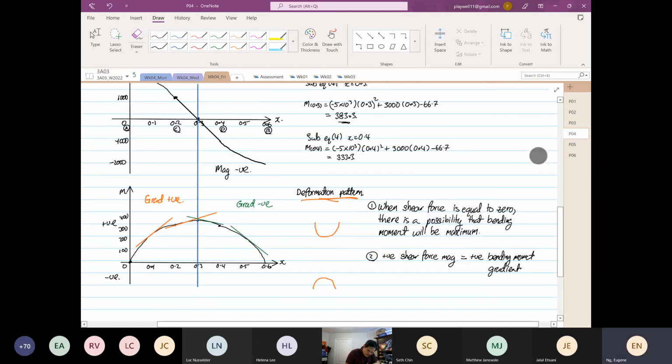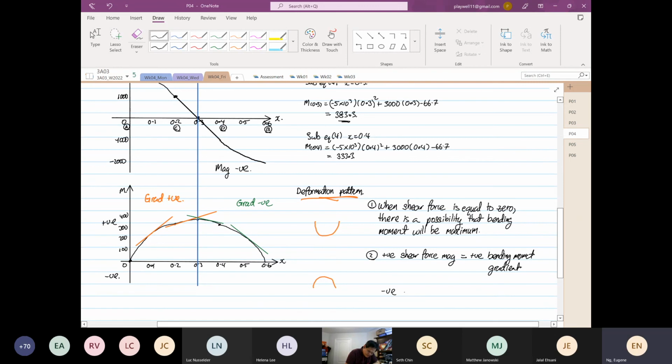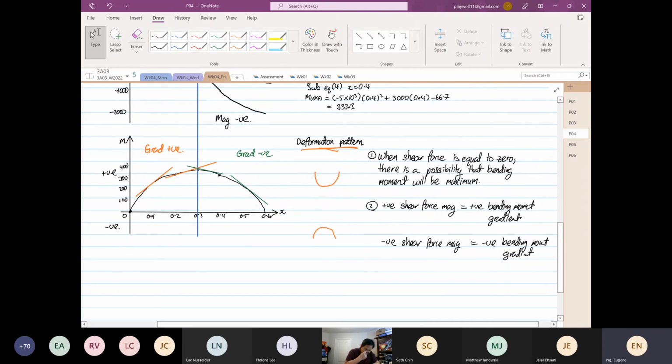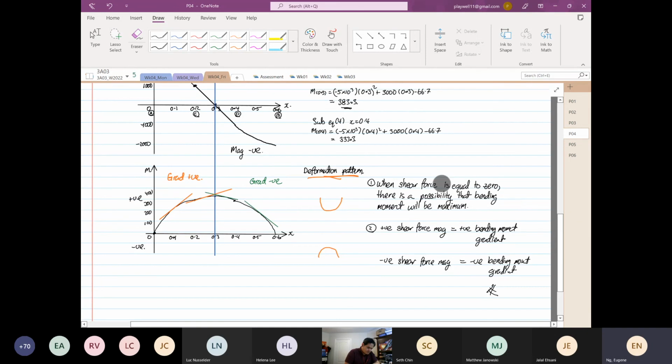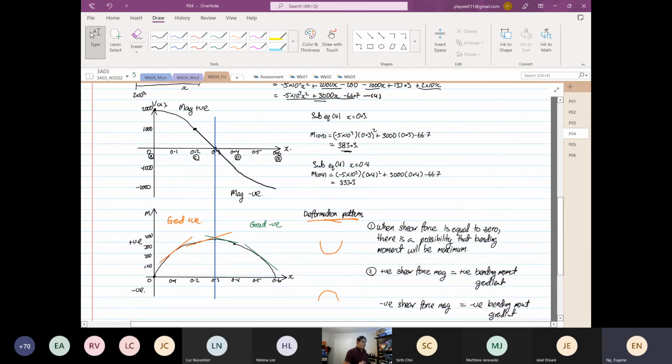And likewise, if it's negative shear force magnitude, you get negative bending moment gradient. So this is a very quick recall regarding your shear force and bending moment.